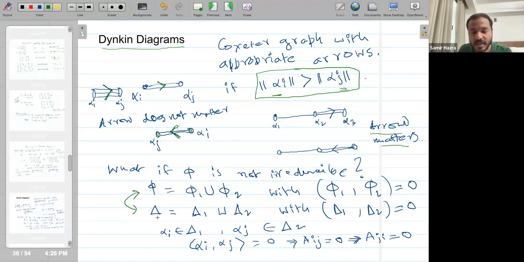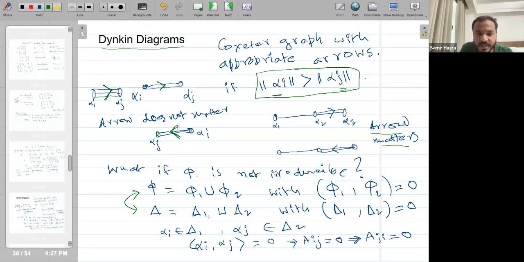Then the base, the simple roots, can also be written as a disjoint union of at least 2 collections. Okay, so collection 1, collection 2, and this is a disjoint union. If phi is reducible, then only we can do that. Again, with this orthogonality condition that delta 1, delta 2, their inner product is 0.